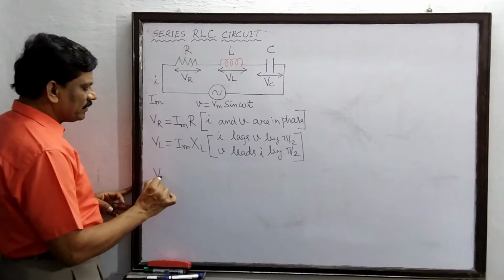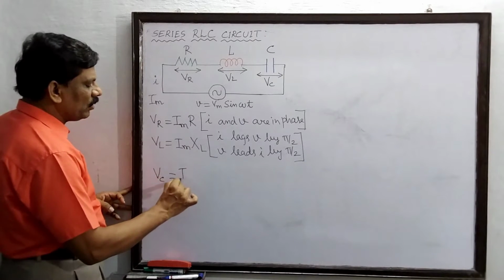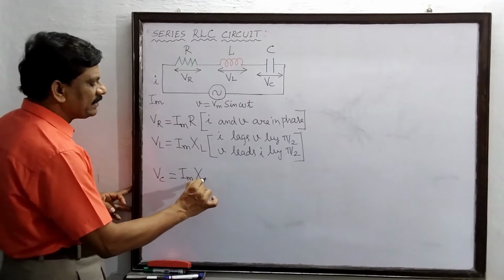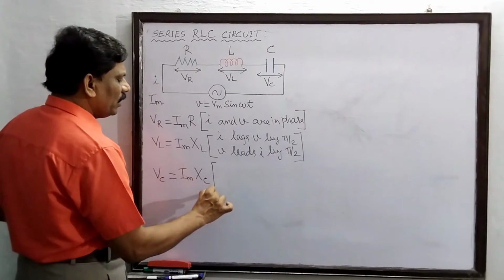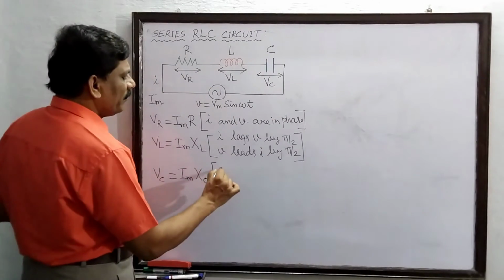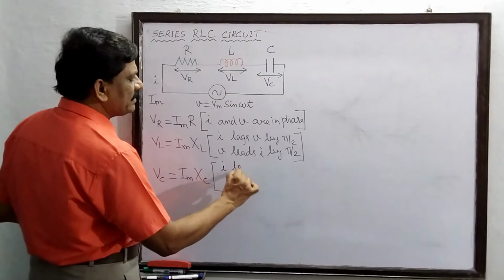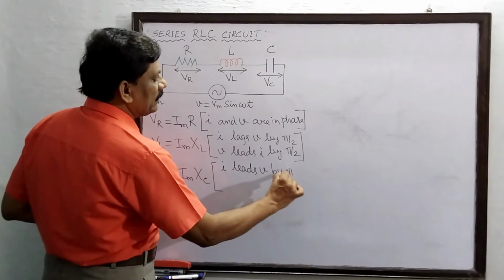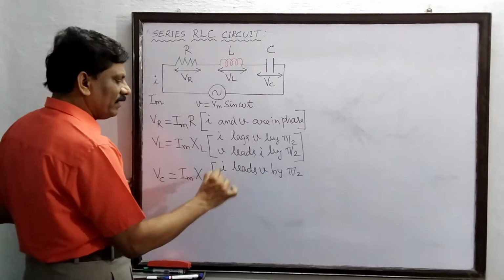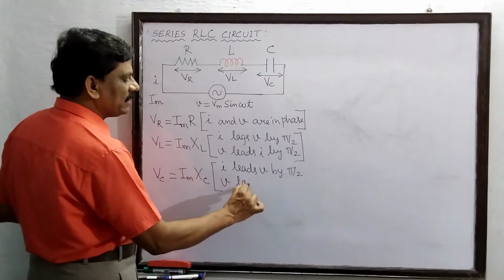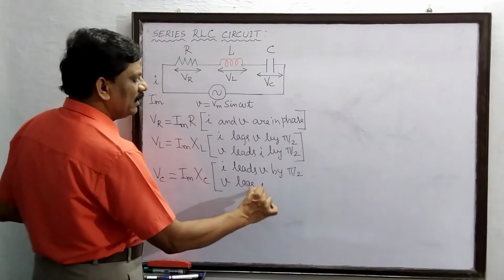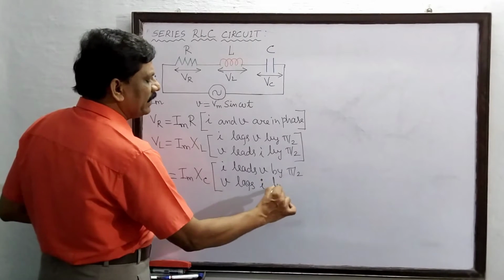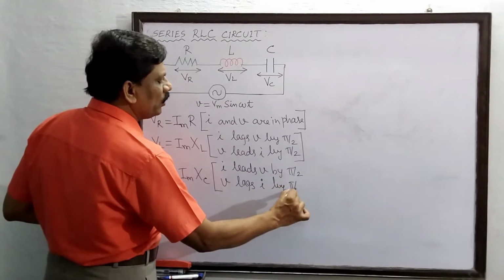Similarly, in the capacitive circuit, VC is equal to I maximum into XC. Now, in the capacitive circuit, we have studied that the current leads the voltage by pi by 2. The same I can also represent in the reverse way, that is the voltage V lags the current I by the same phase angle pi by 2.